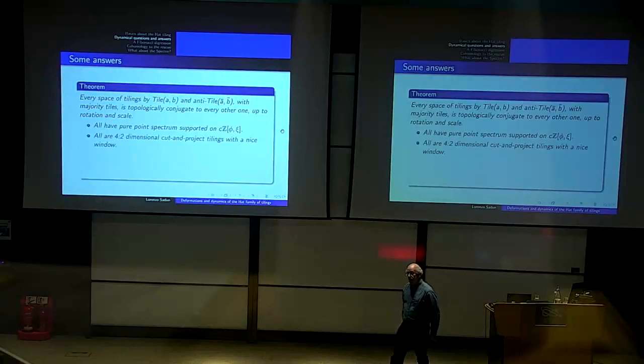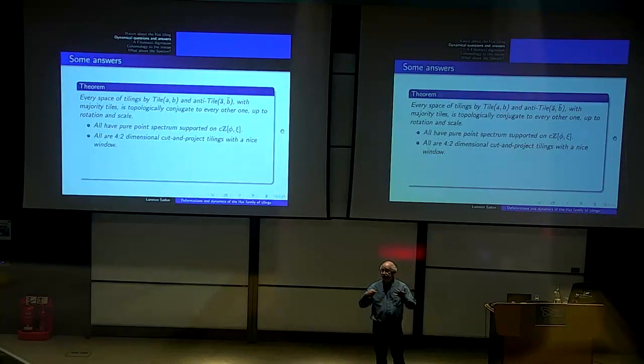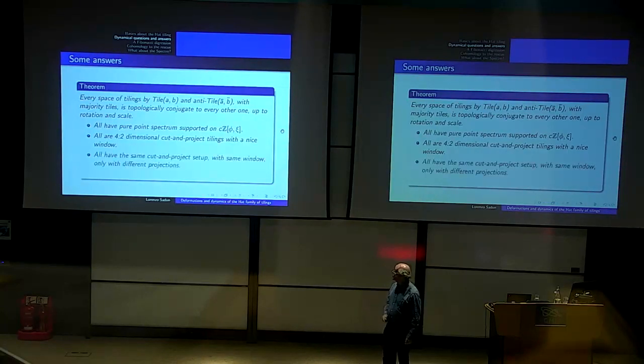Okay. They're all cut and project tilings. Anything that has pure point spectrum can be expressed via a cut and project construction. In this case, it's a projection from 4 dimensions down to 2 dimensions. And that has a very nice window, which I'll show you in a minute.